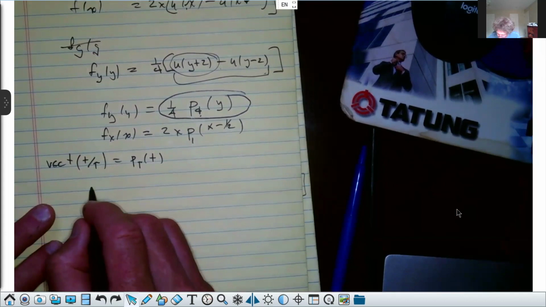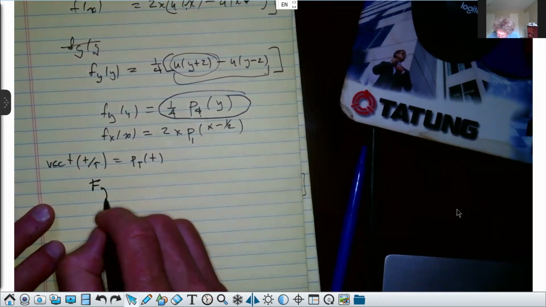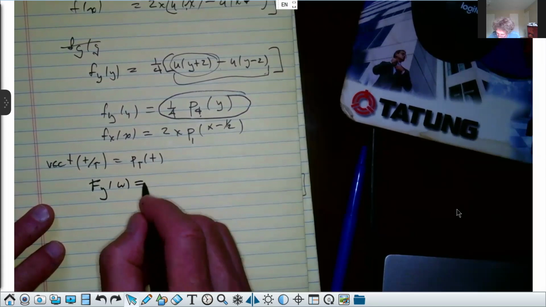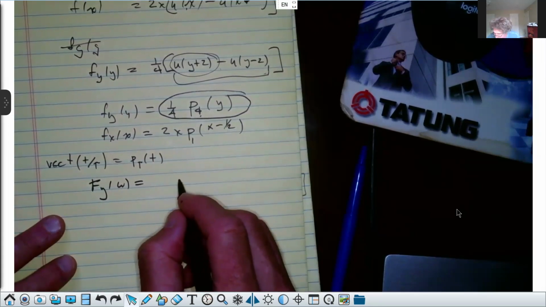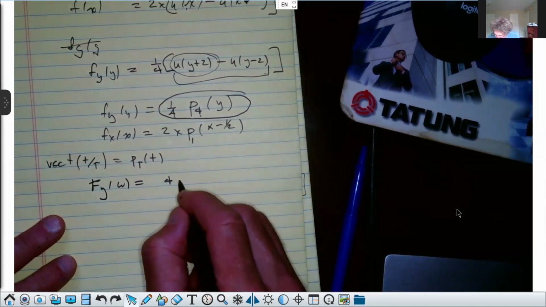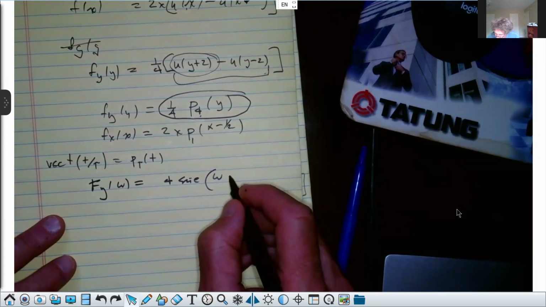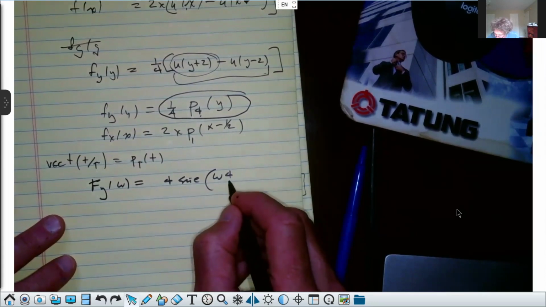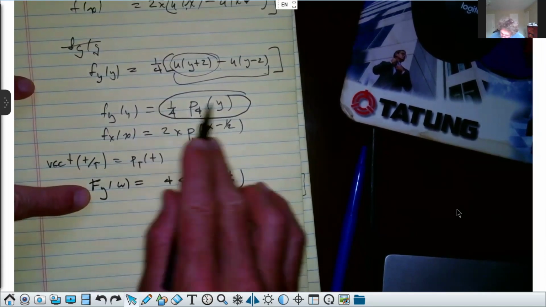Now here's the problem. This function right there has a Fourier transform. So if I take F_y of omega, for this one, it's going to be equal to tau, which is the width, times the sinc function of omega tau over 2, now that you're in the omega domain. This would be the Fourier transform of this function.